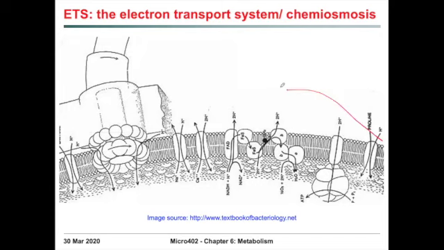So we have this complex, amazing system of cell membrane proteins. There is a lot of elements of this electron transport chain, and the best thing is to really watch it in a video. So let's see this in a narrated video, and I will comment on it after.